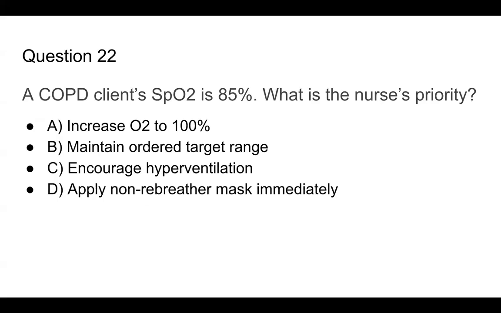All right, the correct answer to this one is going to be B, maintain ordered target range. So obviously, COPD patients' SpO2 stats are normally going to be a lot lower, and they can tolerate lower SpO2s because of their condition.